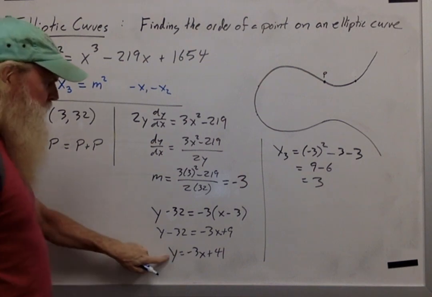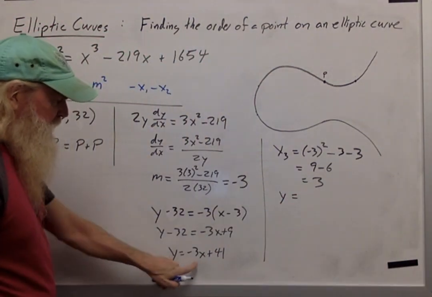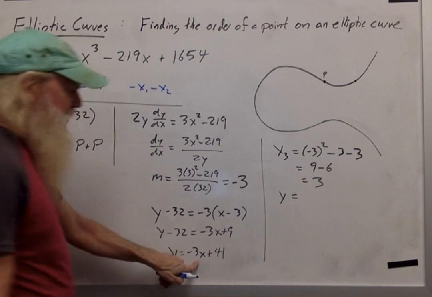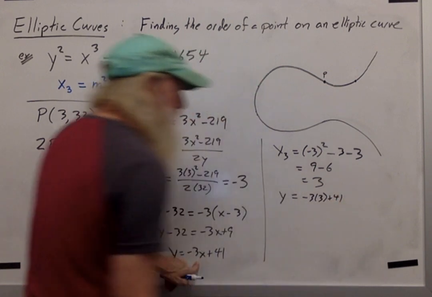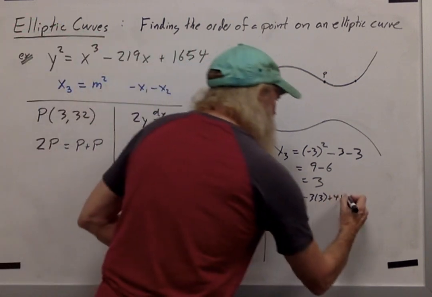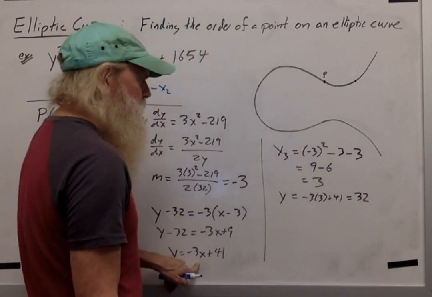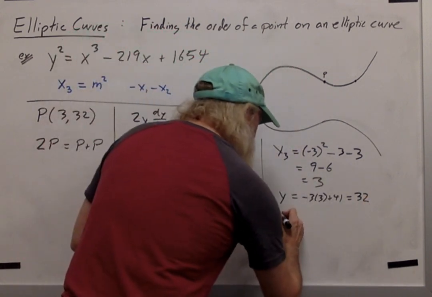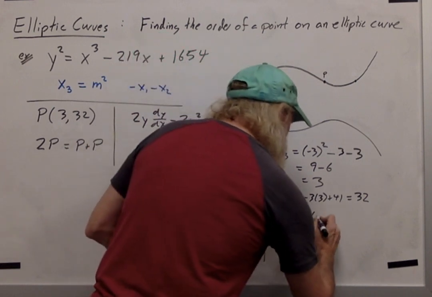To get the y-coordinate, we substitute into the equation for the tangent line. That's negative 3 times 3 plus 41, which is equal to 32.